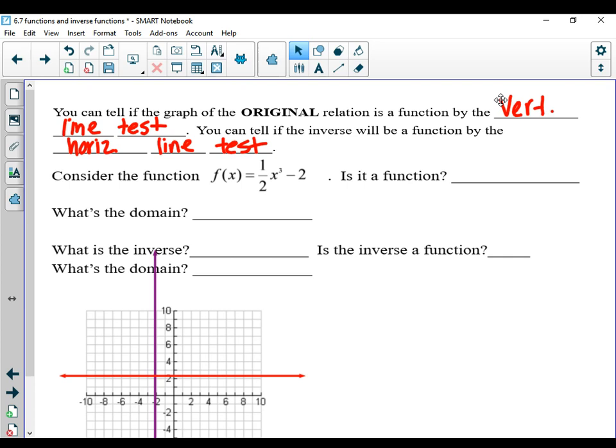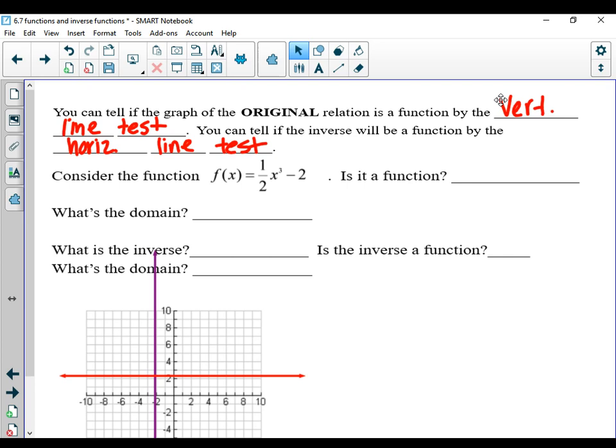What's usually going to be a dead giveaway with the original? A parabola. Good. If it is x squared, x to the 4, x to the 6, it's going to look like this. I know I'm going to fail that horizontal line test every single time.